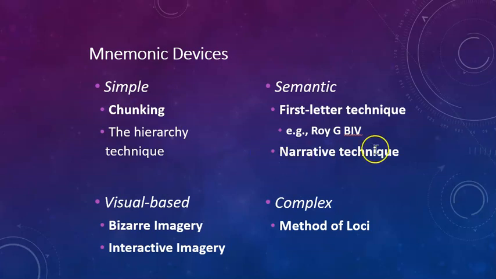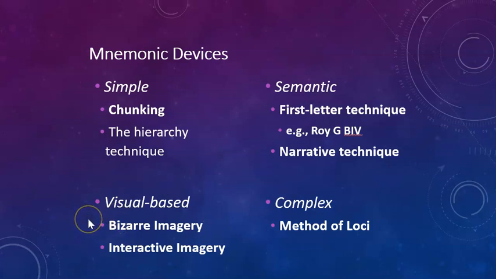And so that one would be a narrative technique, where we're using the first letter to create a narrative. Another example of a first letter technique, again, you're just using the first letter to create a mnemonic device. And so an example would be the order of the colors in the rainbow, which is ROY G. BIV. You've probably heard this before. Again, we do this a lot in childhood when we're trying to learn things.